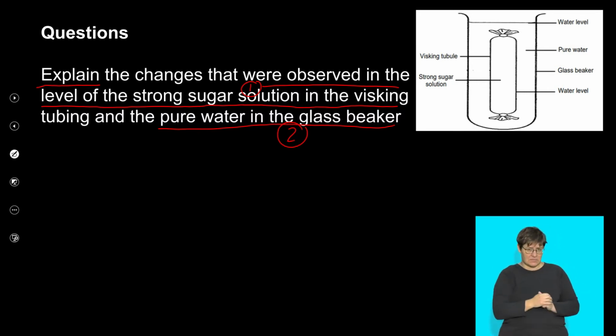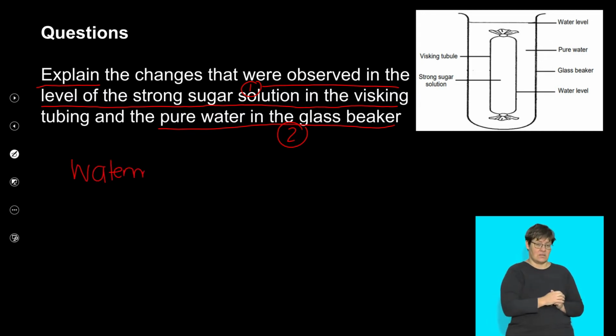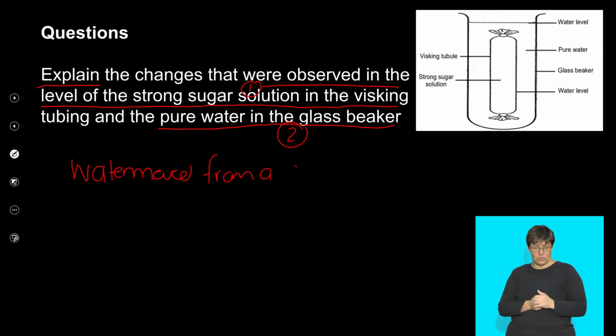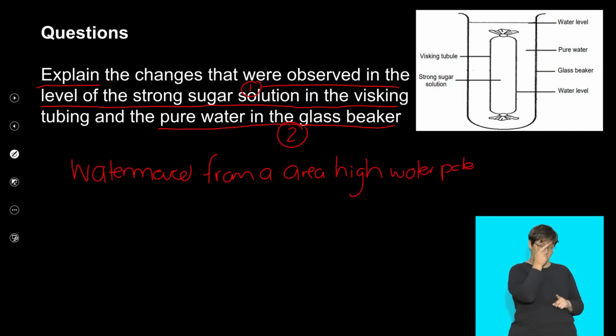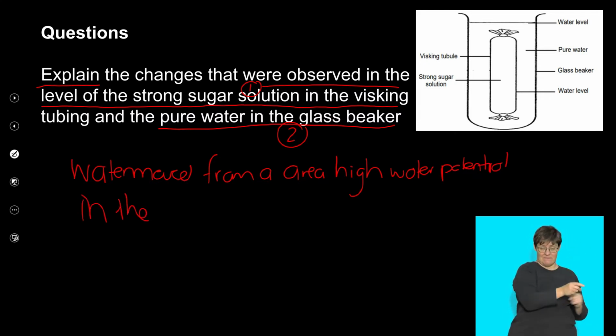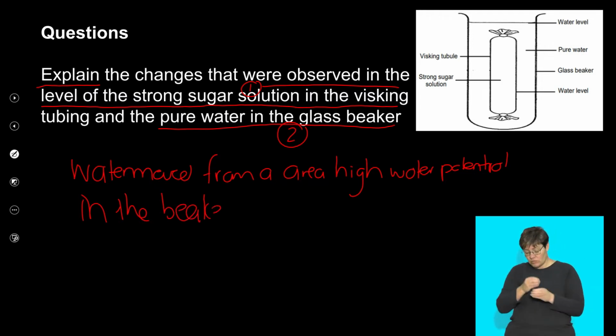Now, osmosis, if we know osmosis occurred, what happened is, guys, where does water move? So let's start. Water moved from an area of high water potential, that means lots of water, in the beaker to, all right, the tubing.